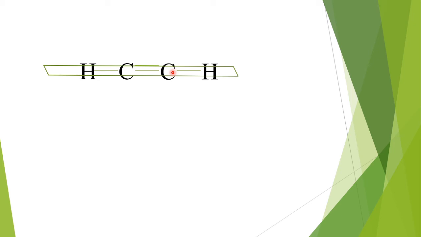Just like I have mentioned about the C infinity axis and the C2 axis, through each C2 axis we can imagine that a plane is passing through it. Or you can take the pencil and see in this position, through the lead, how you can divide the pencil into two equal halves.